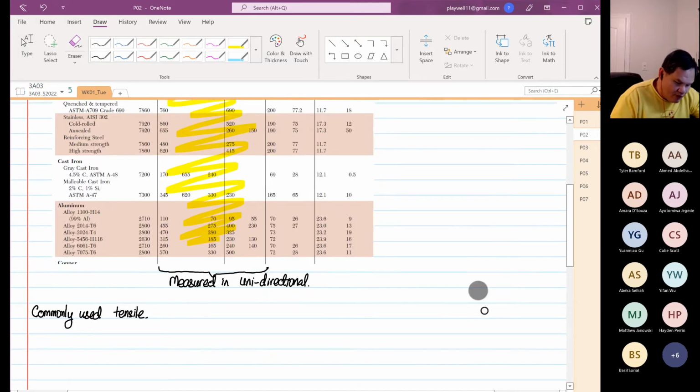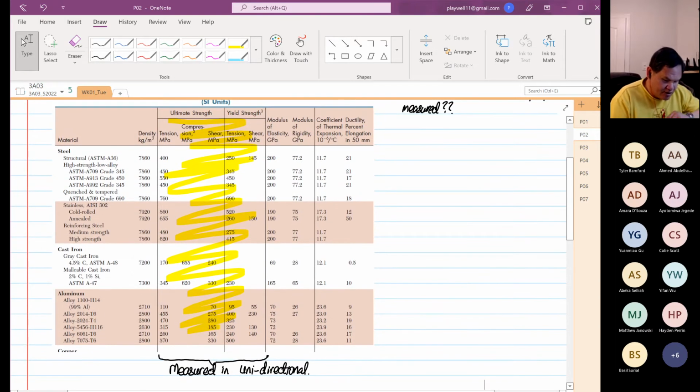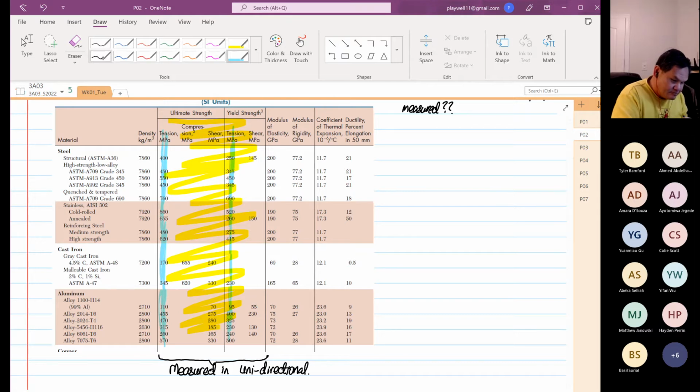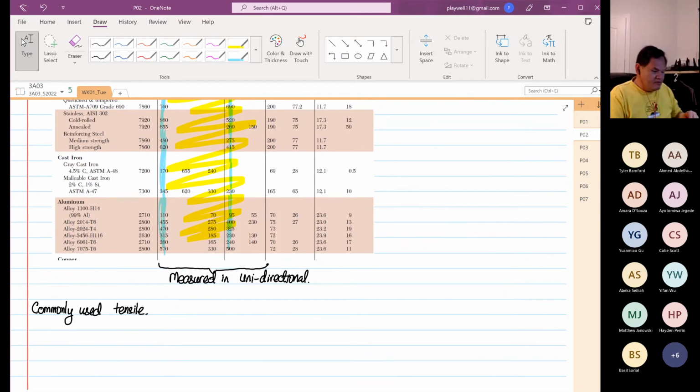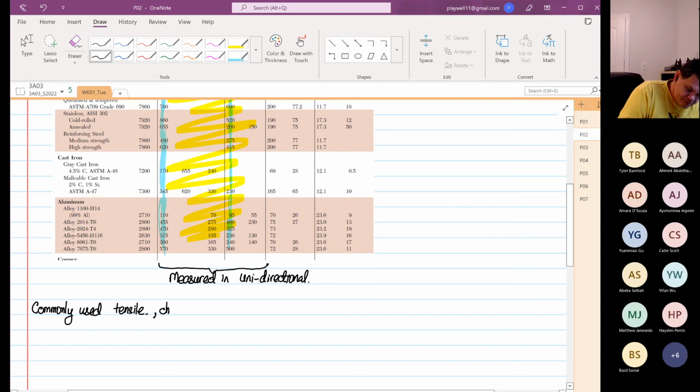That's why for all the material over here you see in tension, everyone has properties. All of them have properties, even in the yield. Why? Because it's the cheapest. It's easy to set up. Why most commonly used? It is cheap, repeatable. That's why we use it.